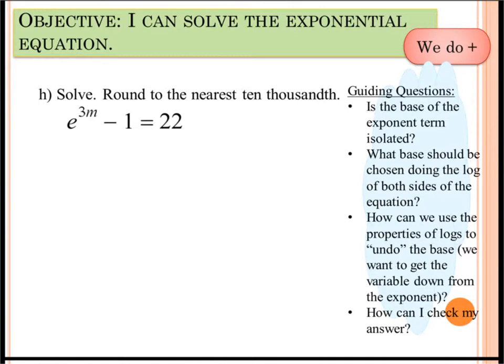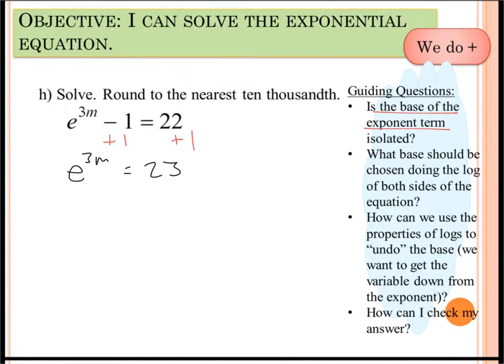So first I'm wondering, is my base isolated? And no, it's not, because we have that minus 1 over there, so we're going to use the inverse operation and add 1 to both sides. That's going to give me e to the 3m equals 23.